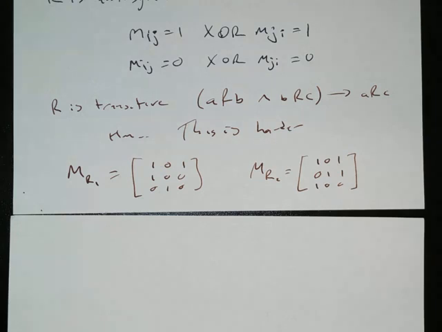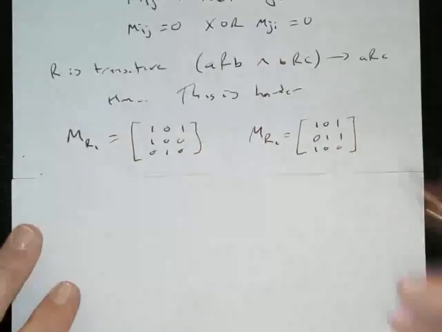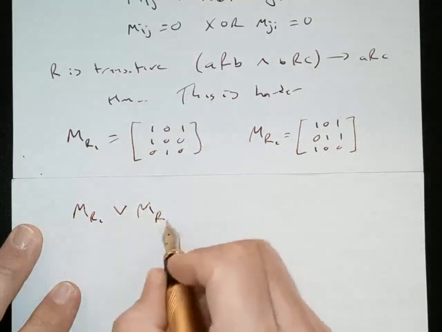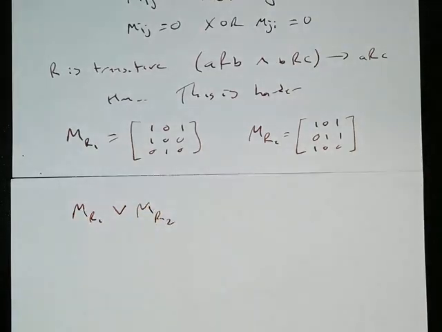I want to take these two matrices and treat these as logics. So a 1 is a true and a 0 is a false. Well, that means I could take these two matrices and put them together with an OR.